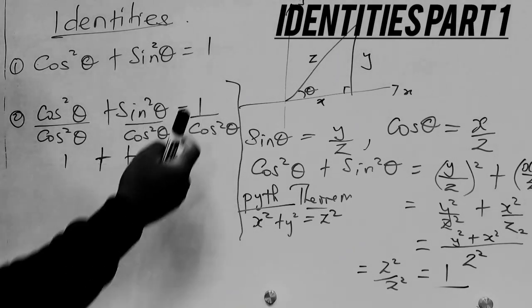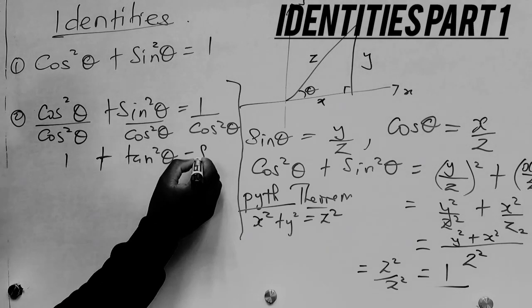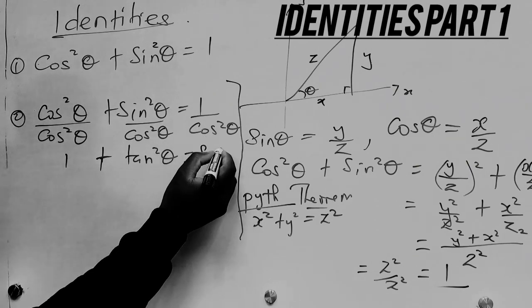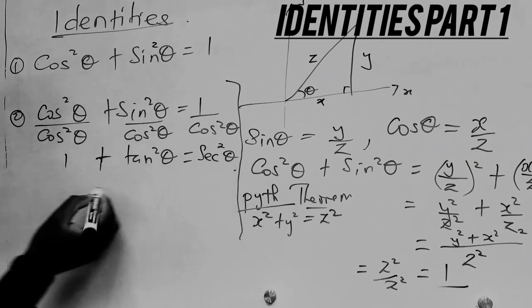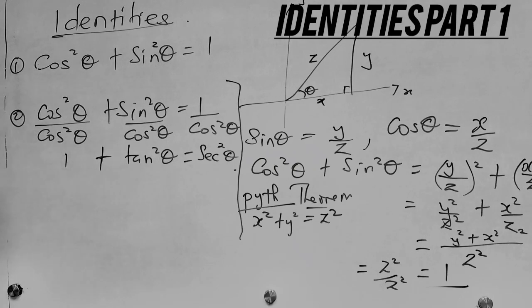Then we have 1 over cos squared theta. 1 over cos is equivalent to sec theta, so since it is cos squared, it gives us sec squared theta. So this is the other identity we can find from the first one.